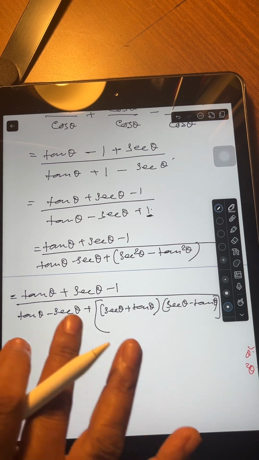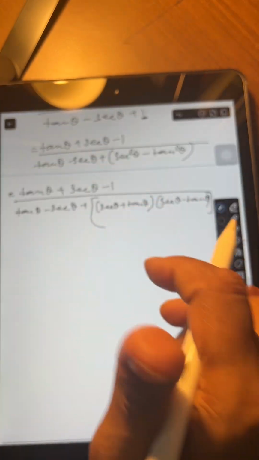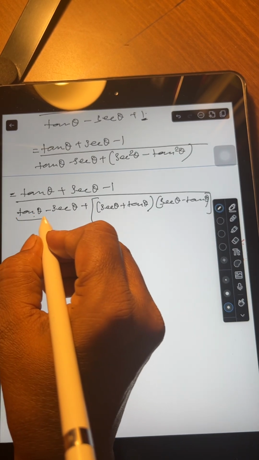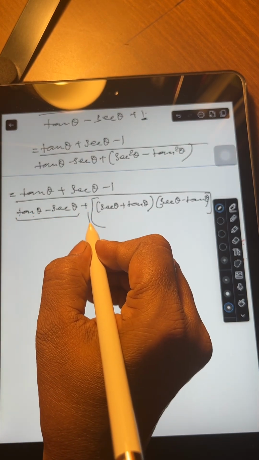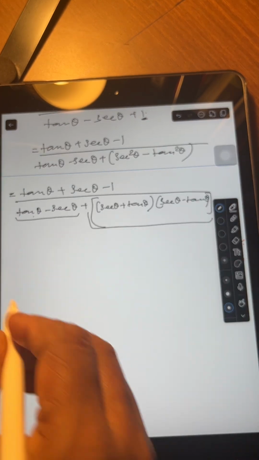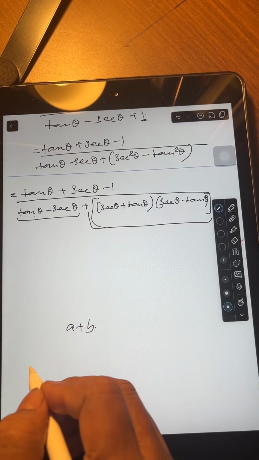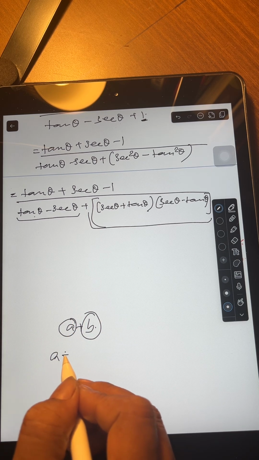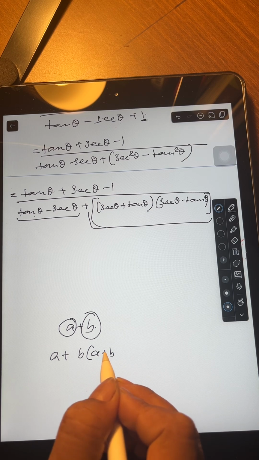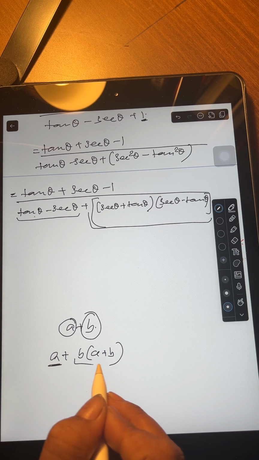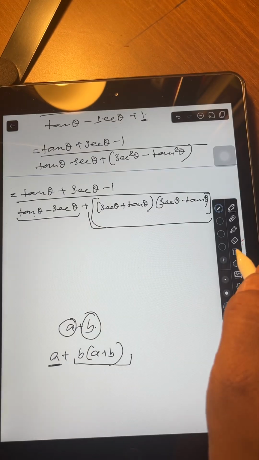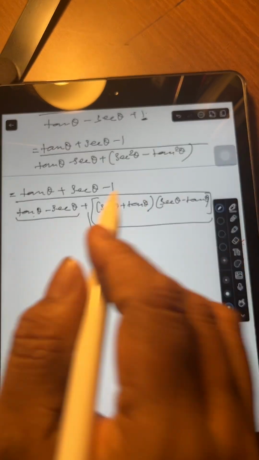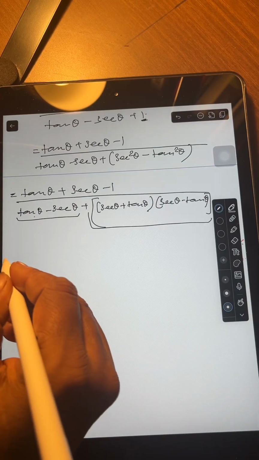Okay, understood? Clear till here? Now you see here it is tan minus secant. Now this is one term and this whole is another term, as a plus b. This is one term and this is one term. So similarly, I can take common from these two terms.